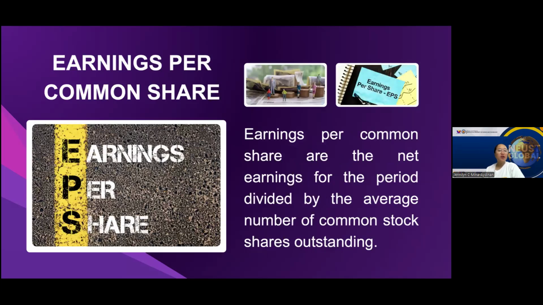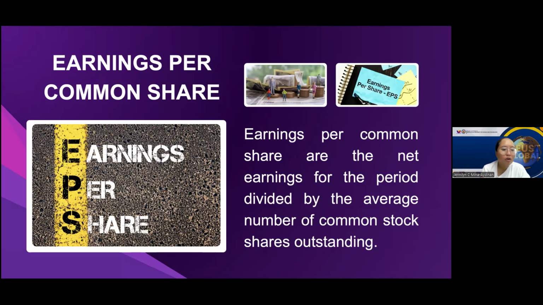But of course, we also have the earnings per common share, meaning to say it is a measure of a company's profitability calculated by dividing its net earnings by the average number of common shares outstanding during a period. So it shows how much profit is attributed to each share of common stock. For example, students running a startup tech company calculate their earnings per common share.